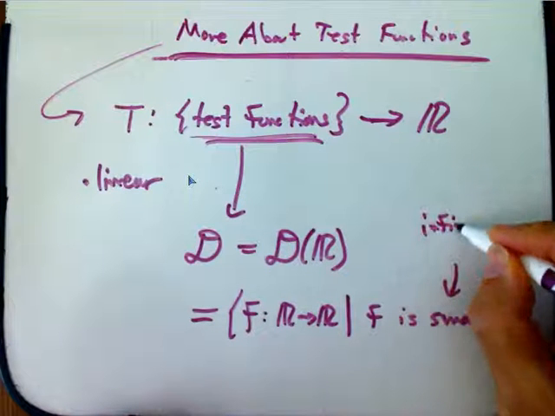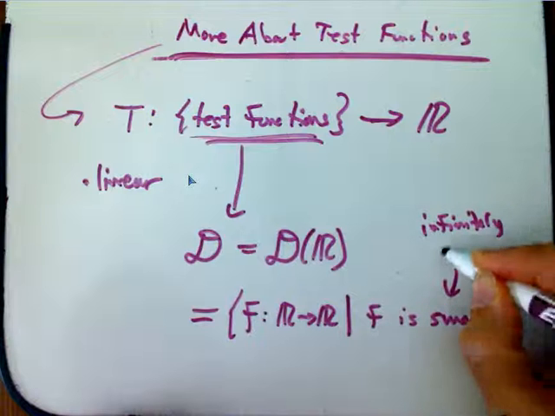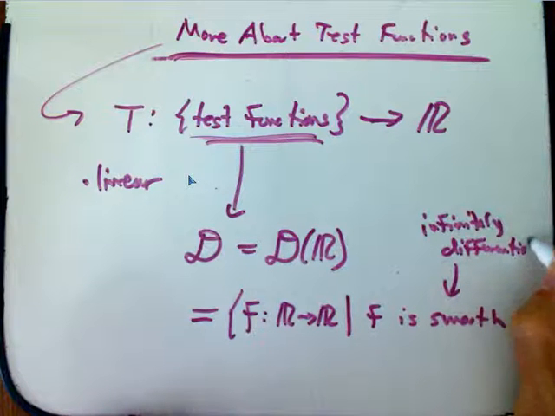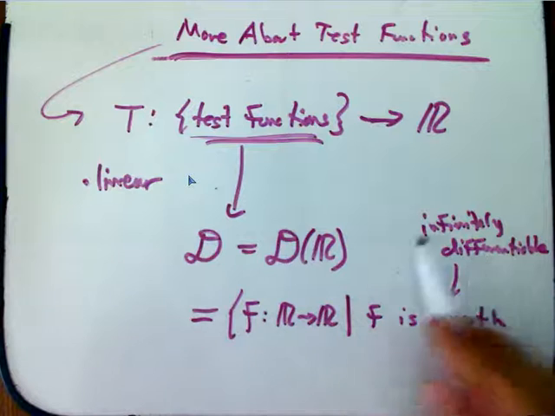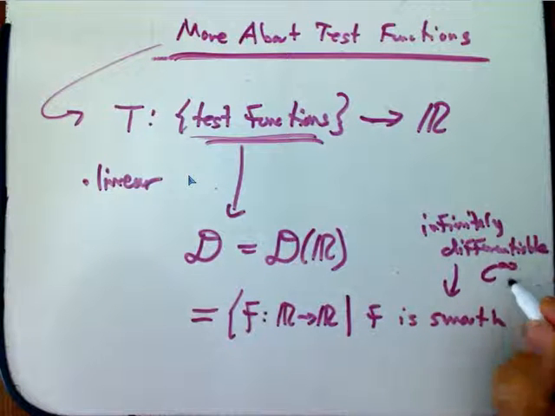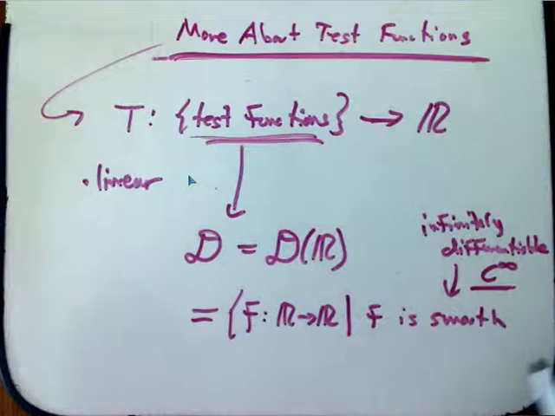It's just a lot more to write out or say. Infinitely differentiable. Smooth sounds like a little bit more of a slipperier word, but we really are always going to mean infinitely differentiable by that. Or C infinity is another way to say that.